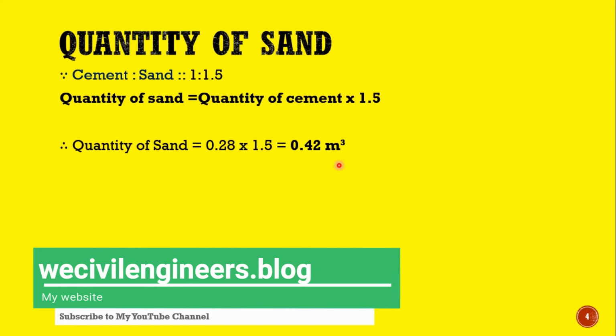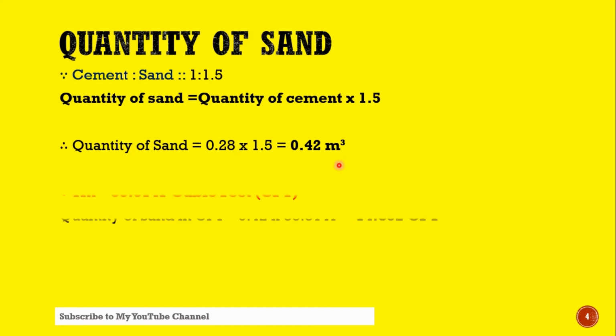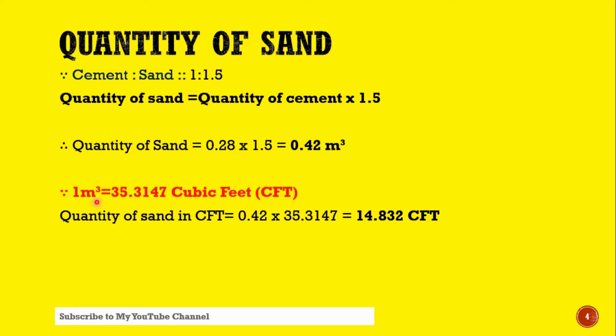So let's convert this cubic meter value into cubic foot. Since we know that 1 meter cube equals to 35.3147 cubic foot, that is CFT. If you multiply 0.42 with 35.3147, then you will get the quantity of sand in CFT, which is equals to 14.832 CFT.